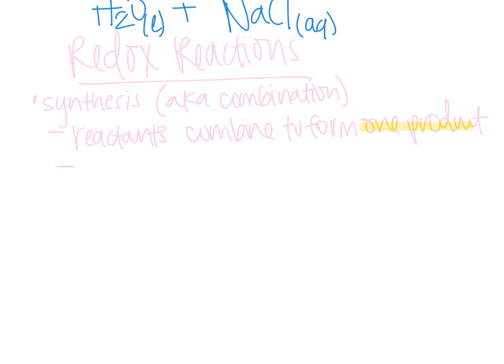So the general formula for this is A plus X yields AX. So from the two single reactants, we get one compound.